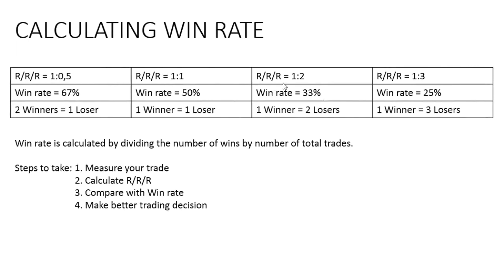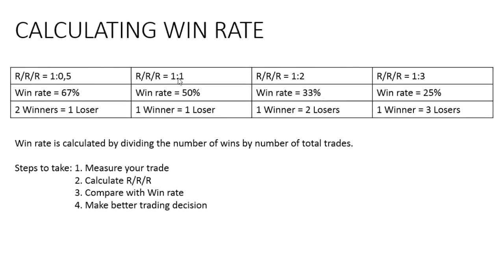Now let's look at the risk reward ratio of 1:2. With the forex chaser strategy, we're dealing with a risk reward ratio of 1:2 and more. Here we've got 1:2, meaning that with a win rate of 33%, you are still able to stay consistent in the market. Using 1:0.5, you need a 67% win rate.